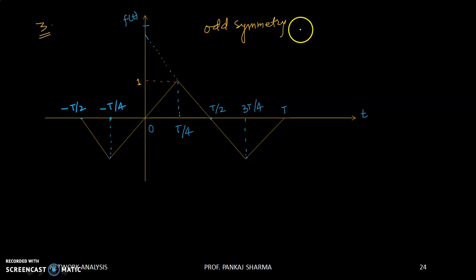For the odd symmetry, what we know, the Fourier series will contain only sine terms. That is, an will be equal to 0.